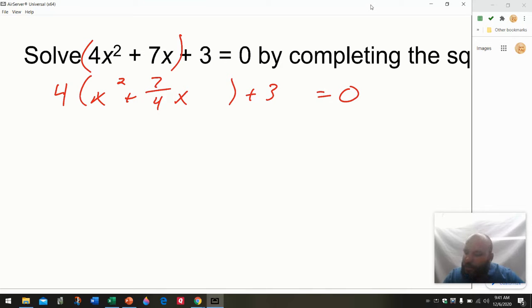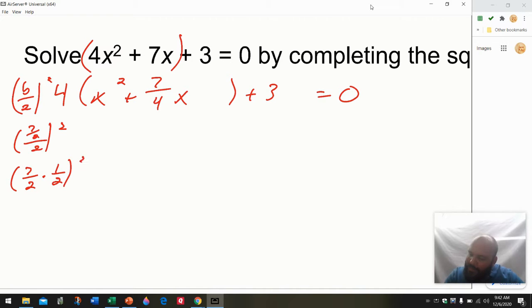Okay. Now the new b that we have is 7/2. So when we do this formula b over 2, the quantity squared, we get 7/2 over 2 squared. Okay. Now 7/2 divided by 2 is the same as having 7/2 times 1/2. Okay.